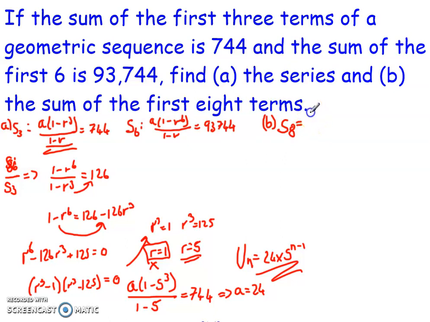We know that a is 24, so it's going to be 24(1 - 5^8)/(1 - 5). Once you've plugged it all together, stick it in a calculator. What you end up getting is 2,343,744. So that's the sum of the first 8 terms of that series.